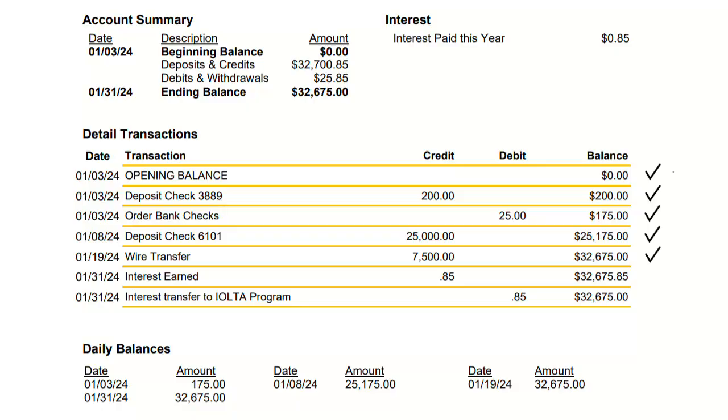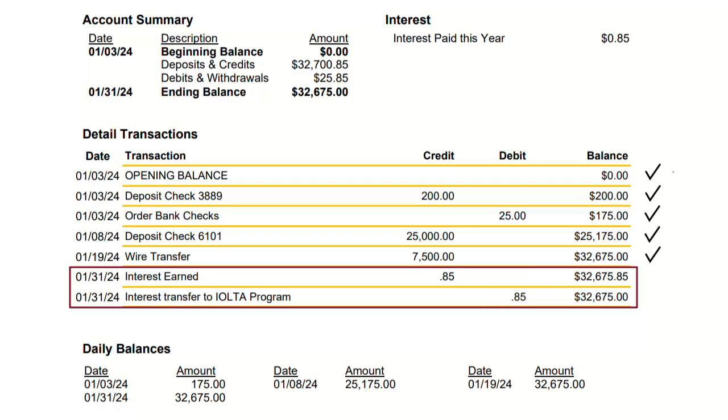On January 31st, 2024, we see two transactions on the bank statement related to interest earned and interest transferred to the IOLTA program. These last two interest-related transactions will be the last two transactions of each monthly trust account bank statement and will always be the exact same amount. The interest is deposited into the IOLTA by the bank and then immediately swept to the State Bar's IOLTA program.